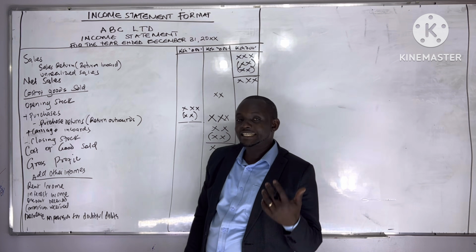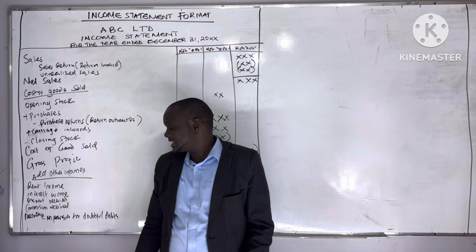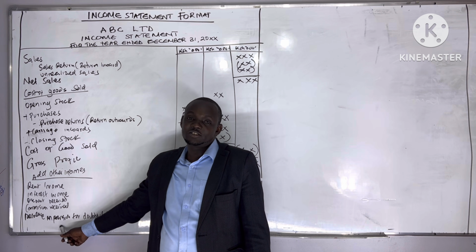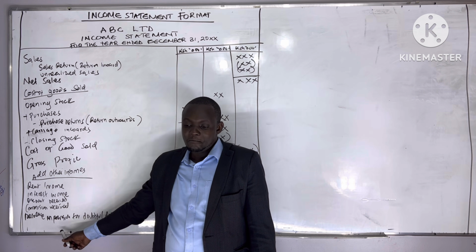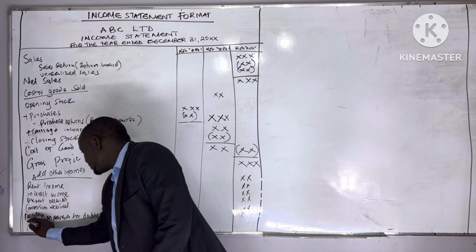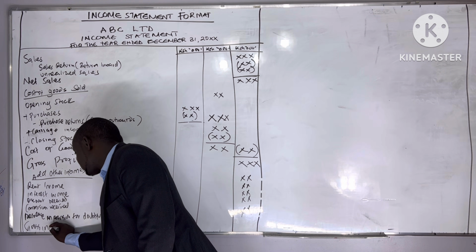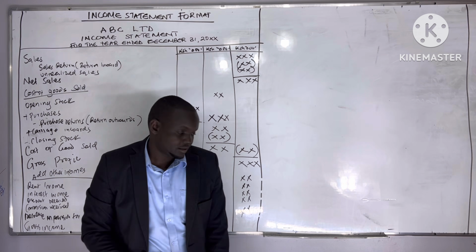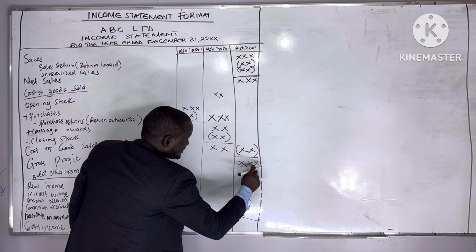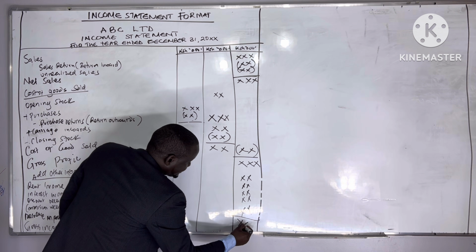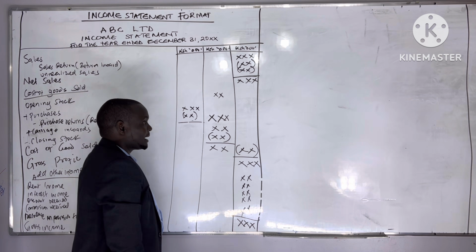In case we have a decrease in provision for doubtful debts, the decrease itself is considered an income. After you're done with this one, what you get is something called gross income. I will take this plus all this, you get a very big figure there, gross income.